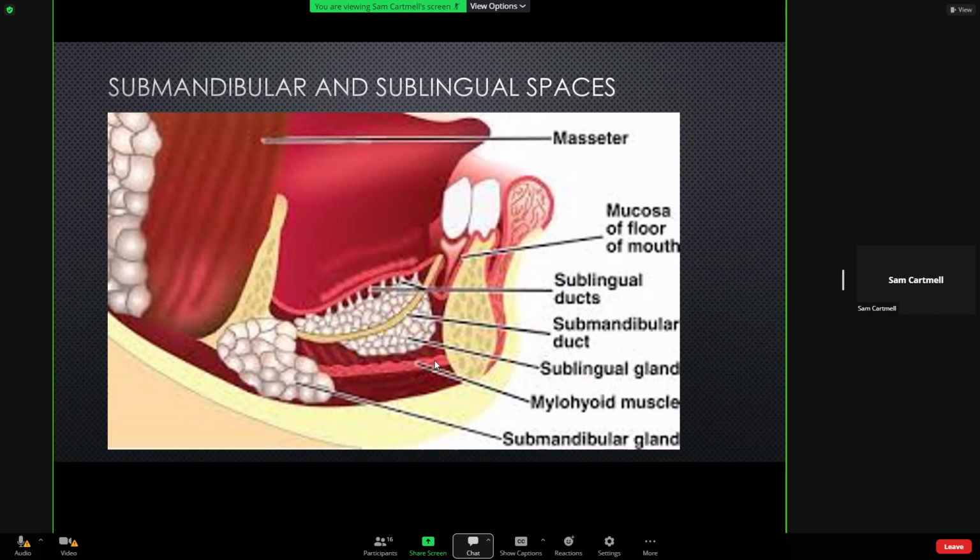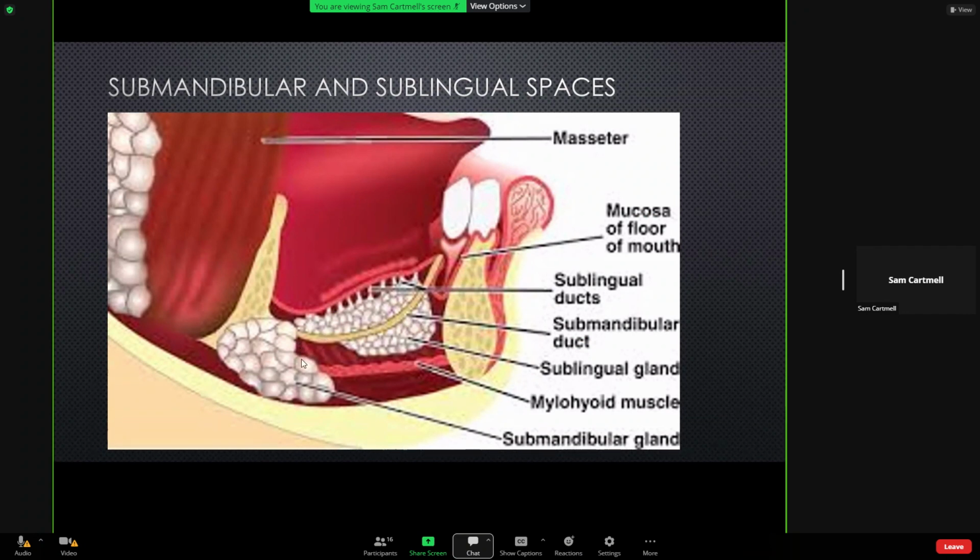Importantly, however, this mylohyoid muscle is sort of incomplete. So it forms a barrier between the sublingual and the submandibular space, but there's a passage at the end, posteriorly, where these two spaces are continuous. So you can have pathology that goes from the sublingual space to the submandibular space and vice versa.